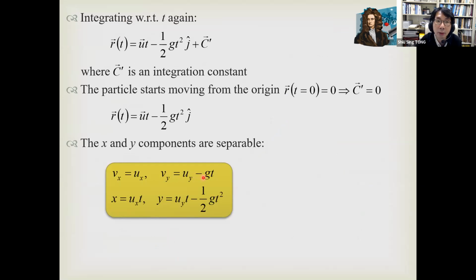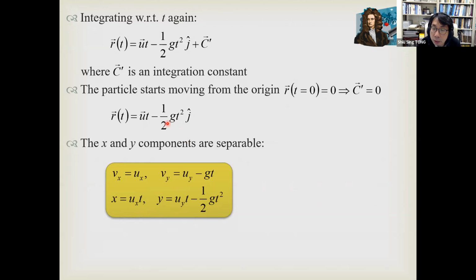And how about the displacement? For the displacement, we have this equation, right? If we take the x component of r, we get x. If we take the x component of u, we get ux. The j component doesn't enter because we are talking about the x component. So we do not have the g here in the x component of the motion.